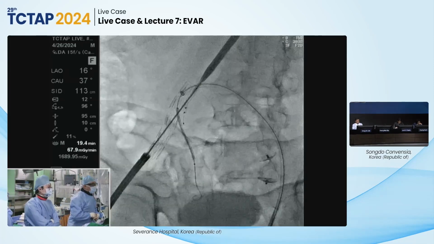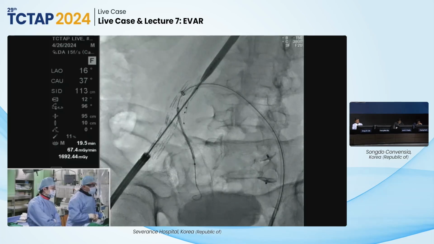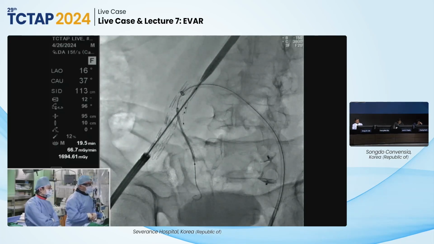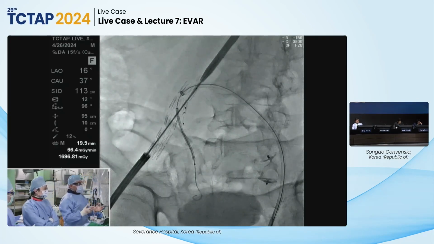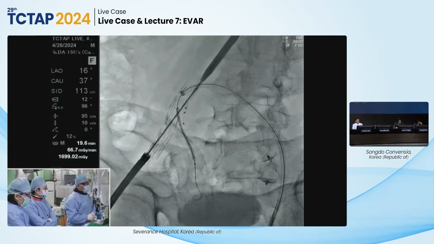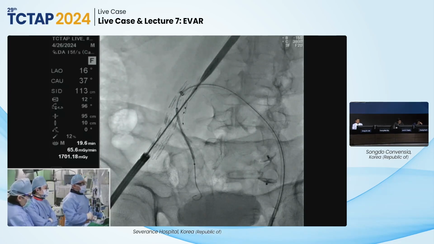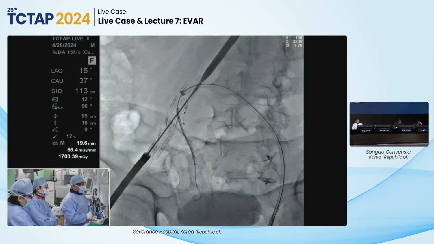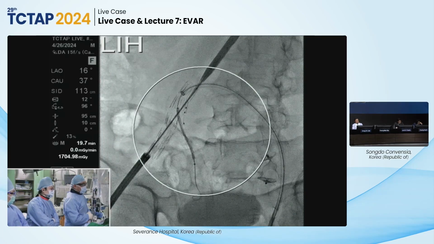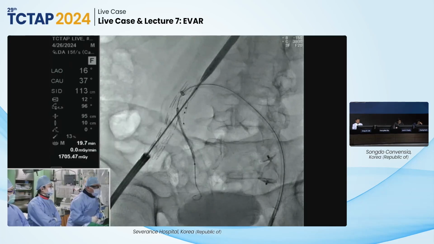So you can see here the IBD already placed, and the B graft is now in the side branch and in the right internal artery.